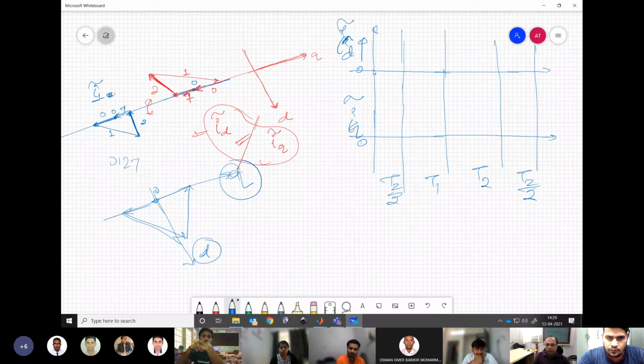Then what is the error on D? 0. It is maintaining 0 error on the D axis. Understanding my point? Whereas on the Q, because it is extending completely on the Q axis, it is growing. It reaches some value on the Q axis here. That is what this is. Whereas on D, it is still at 0. There is nothing on the D side.